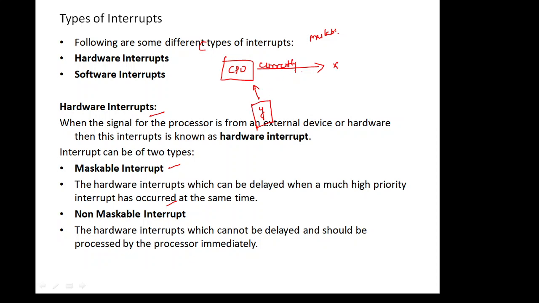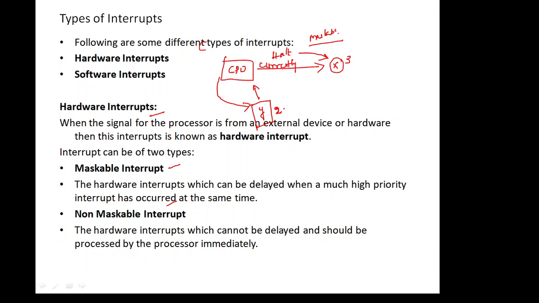Suppose for each and everything we give priority. Suppose the currently executing X instruction has the third priority and this Y has the second priority. What the CPU will do, in the maskable case, is halt the currently executing program and attend to the Y task, which is of highest priority.